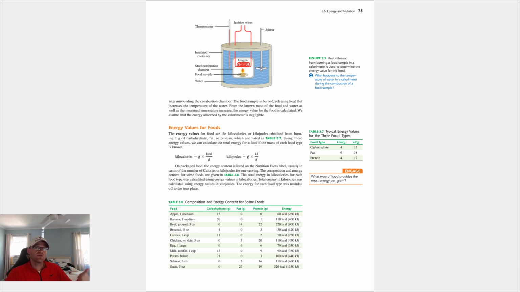Because the temperature in the water is going to go up if I burn something in the calorimeter. So equally, the energy gained by the water is also the energy lost by the substance that we burned. So that's how we know exactly how much energy was in that combustion chamber.